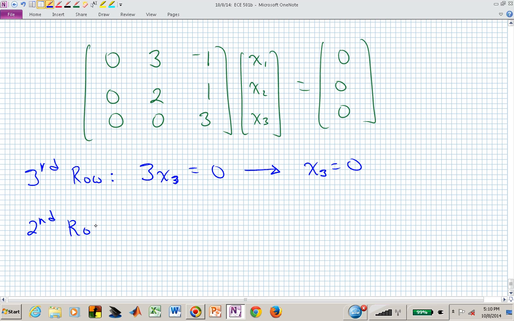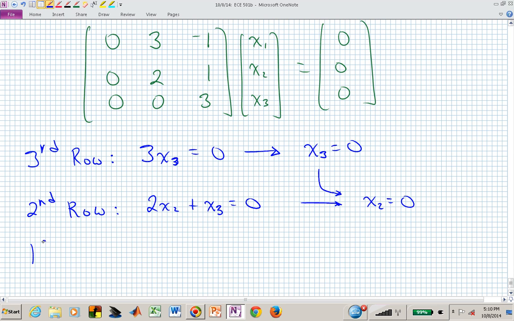What do we learn from the second row? The second row says we have 2x sub 2 plus x sub 3 is equal to 0. But we've already learned that x sub 3 was 0. So now we know 2x sub 2 is 0, or x sub 2 is 0.